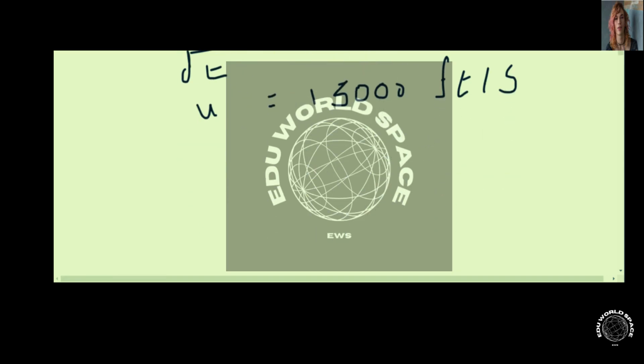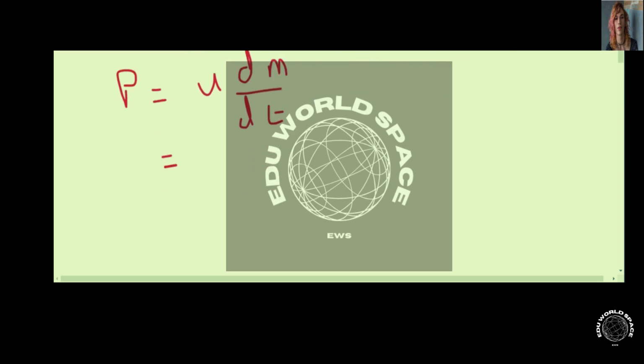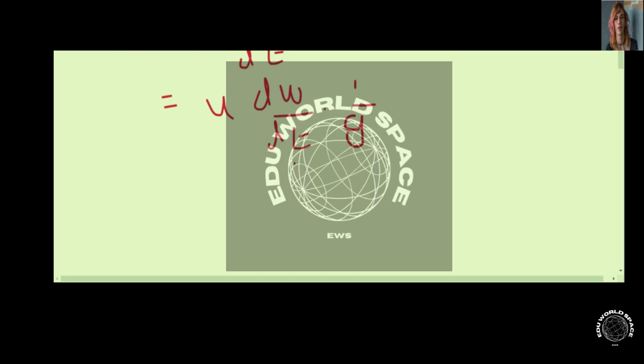So what I can write is P is equal to U dm upon dt. Let's write this formula in the form of weight instead of mass because we have only weight values. So P is equal to U times dw upon dt into 1 by g. Put all the values here.